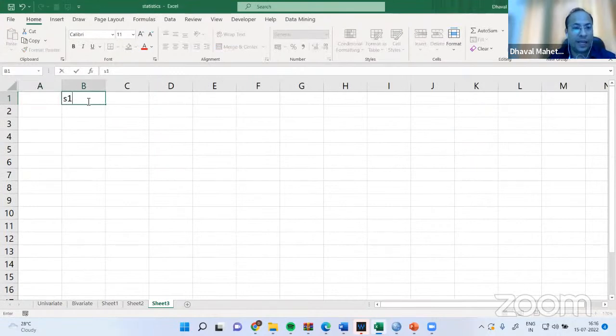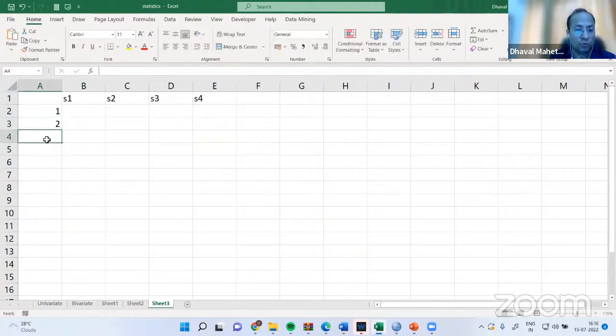There are statements S1, S2, S3, S4, and there are responses 1, 2, 3, 4, and 5. Now, all the respondents are continuously ticking on extreme values.